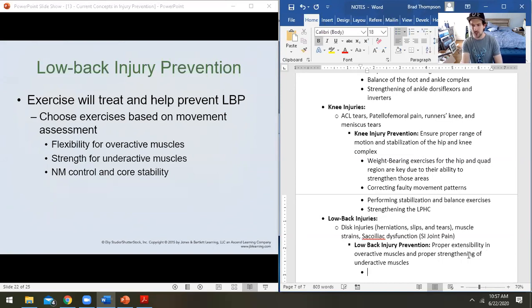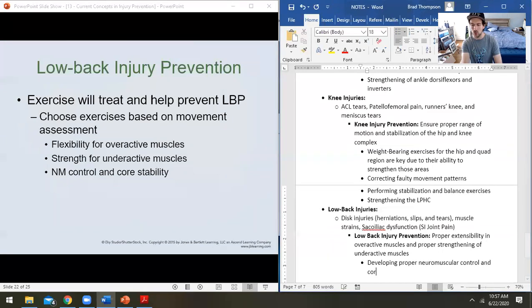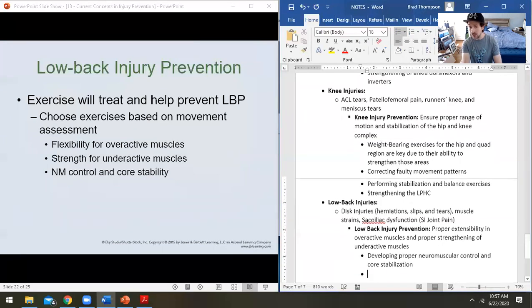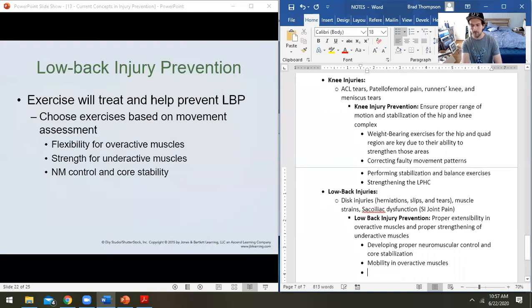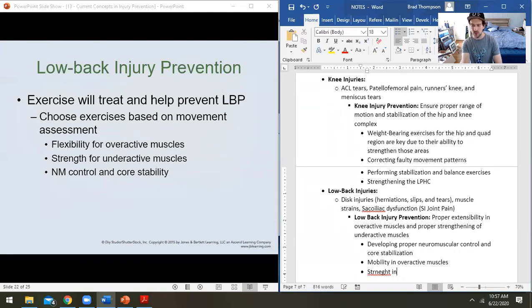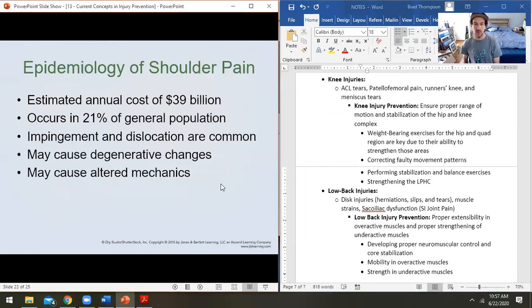Also proper stabilization, developing proper neuromuscular control and core stabilization is going to be key, but also then mobility in overactive muscles and strength in underactive muscles. Both absolutely key concepts.